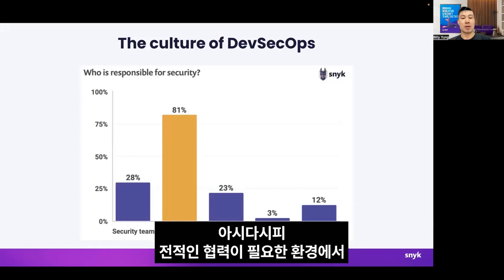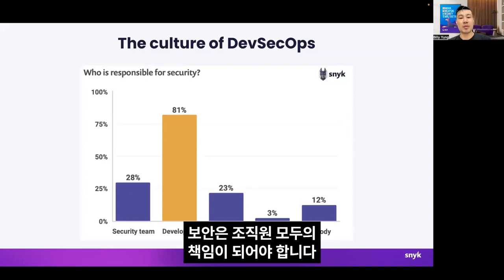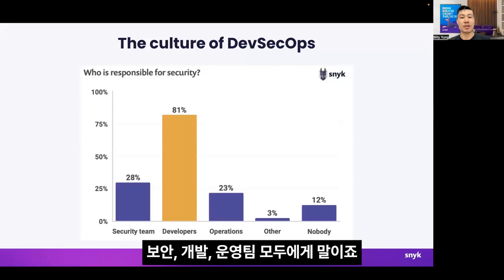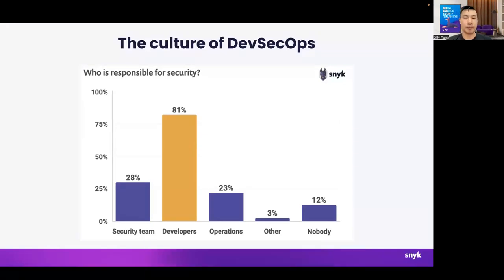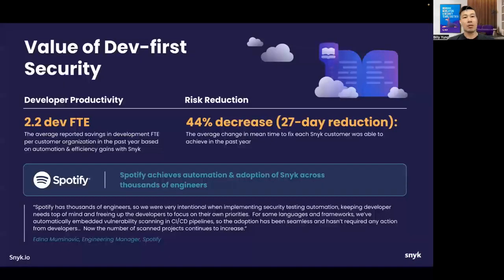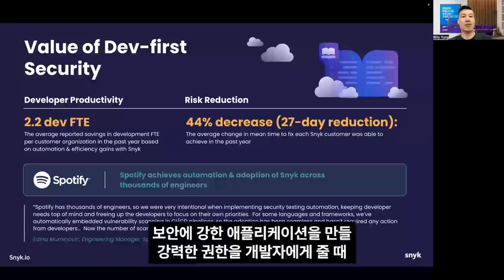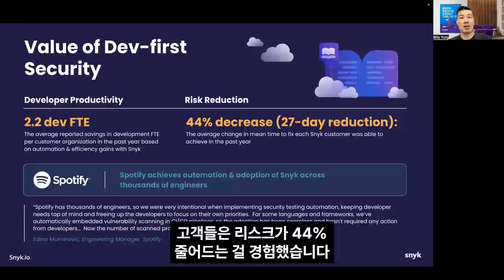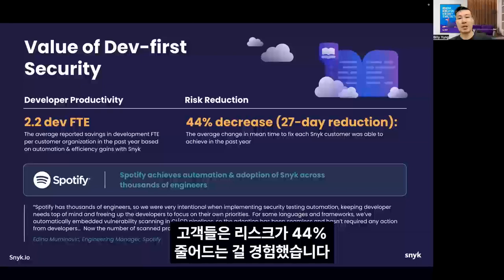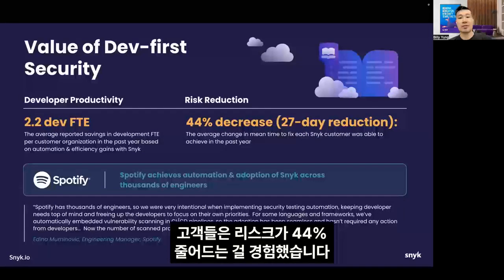As we know, in a fully collaborative environment, security really should be a responsibility of everyone in the organization, whether it's security team, the development team, or the operations team. And when we lead with developers, and really empower them to build secure applications, our customers have seen a 44% decrease in the risk.